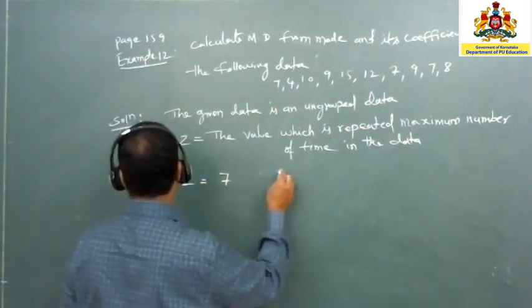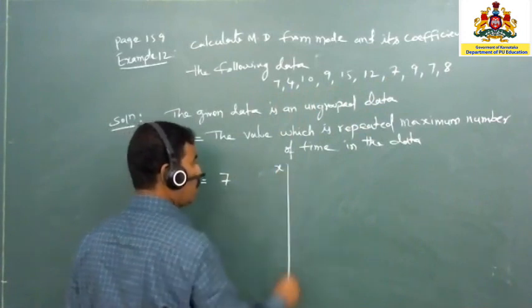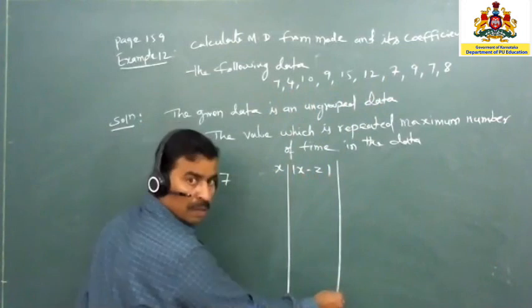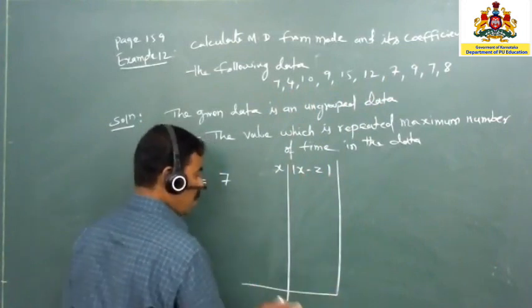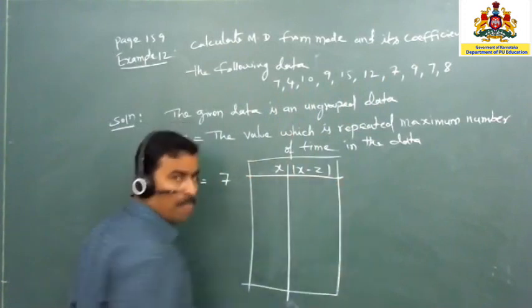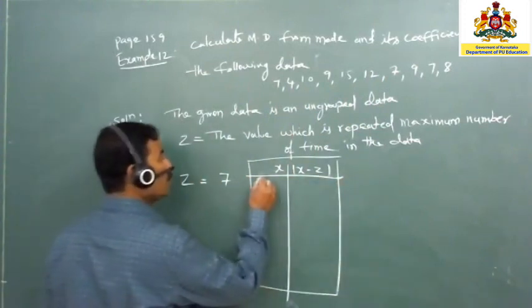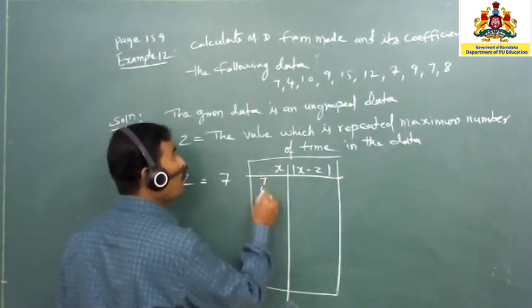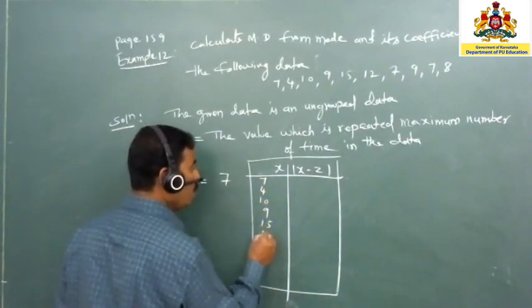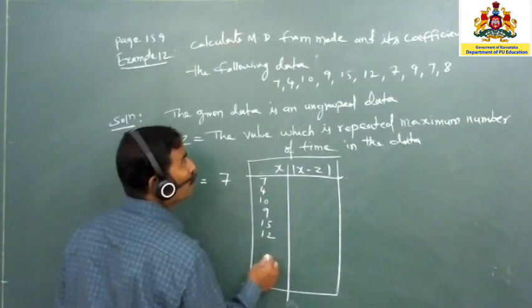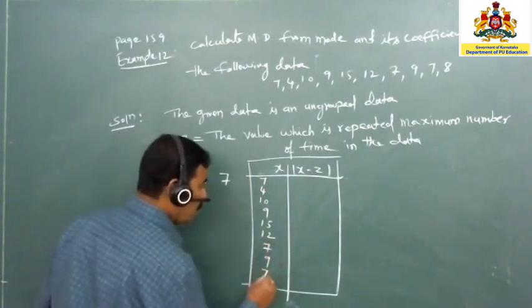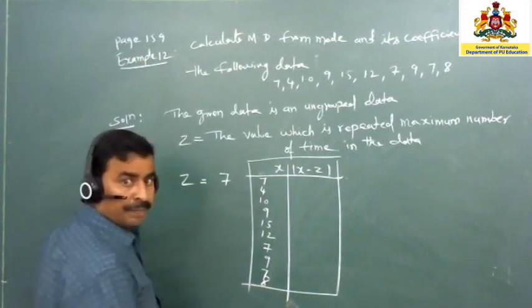Then x minus z modulus. So x values 7, 4, 10, 9, 15, 12, 7, 9, 7, 8.